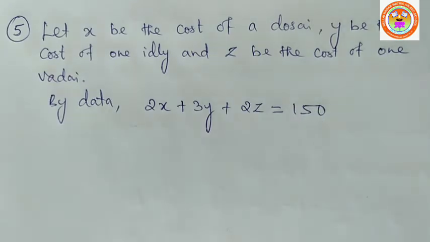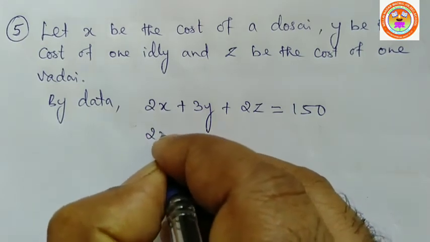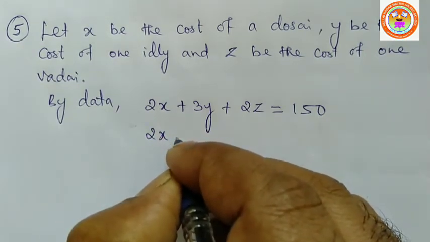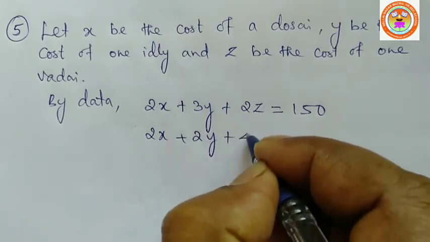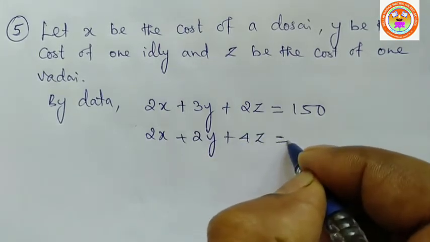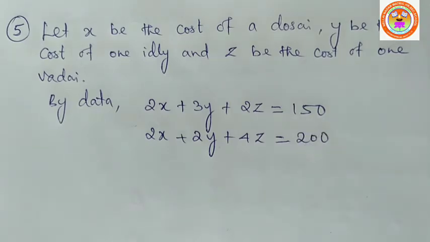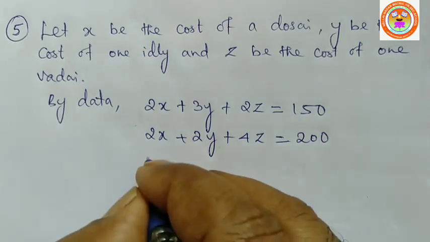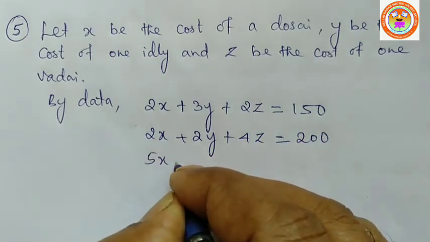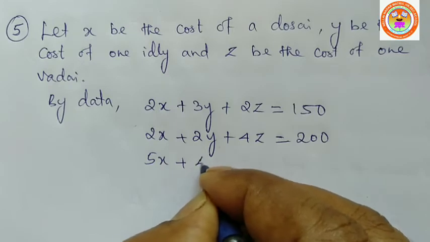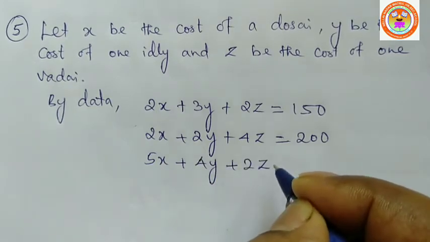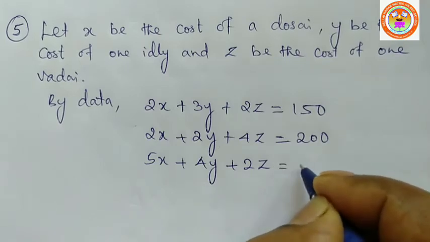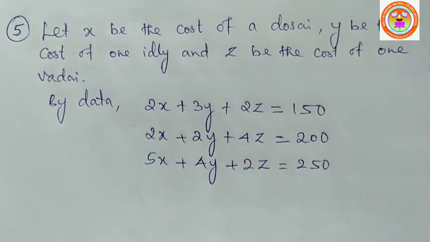Similarly, the cost of 2 dosai, 2 idlis and 4 vadais is rupees 200. Also it is given that cost of 5 dosai, 4 idlis and 2 vadais is rupees 250.